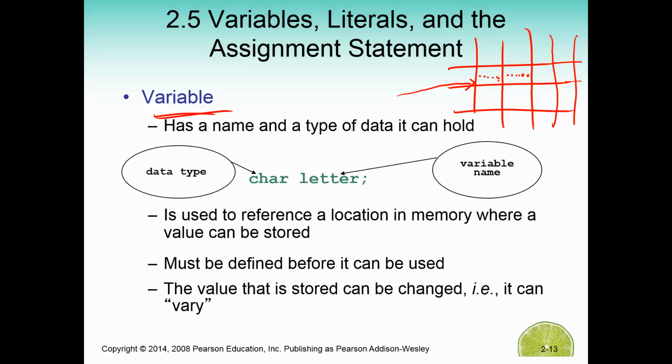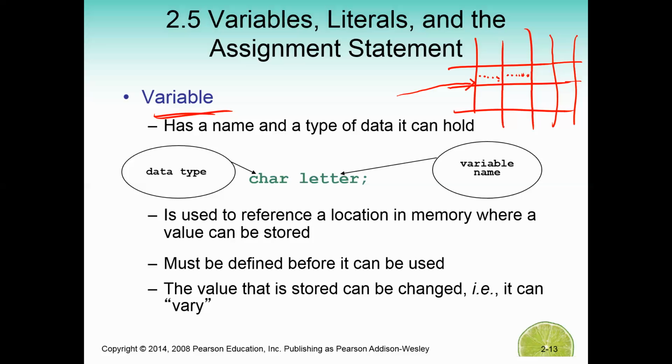And the amount of memory space that I'm using is going to say if it's going to be a number and how big it is, if it's going to be a letter or a list of letters. So the variable itself is going to give not only the location in memory, but also the length and the value.